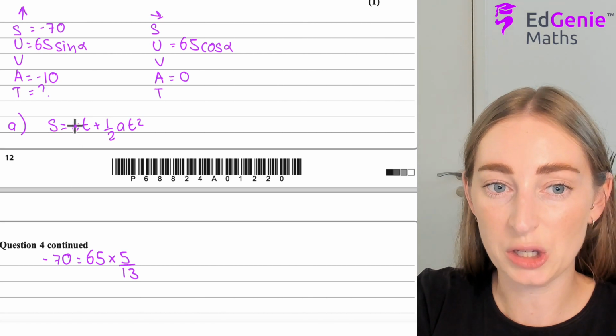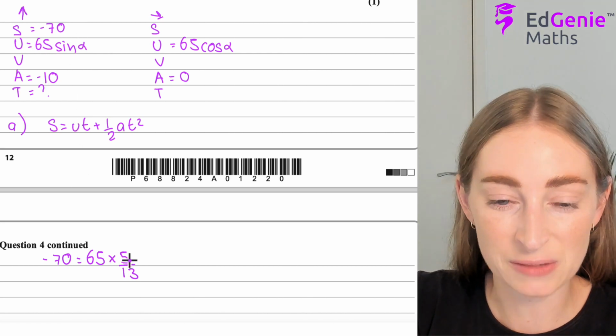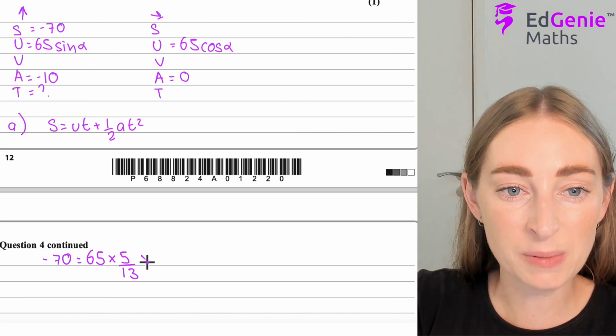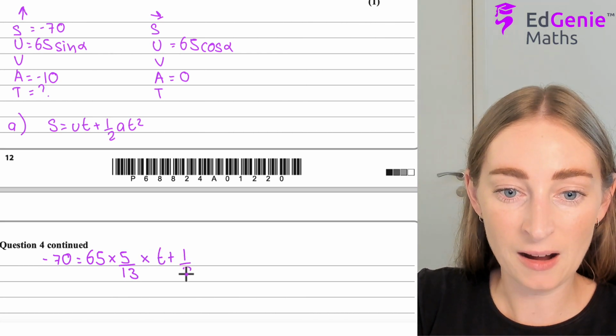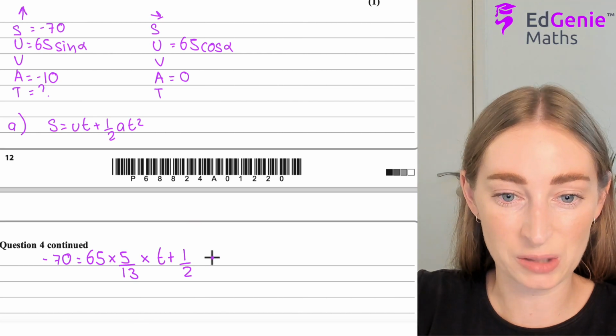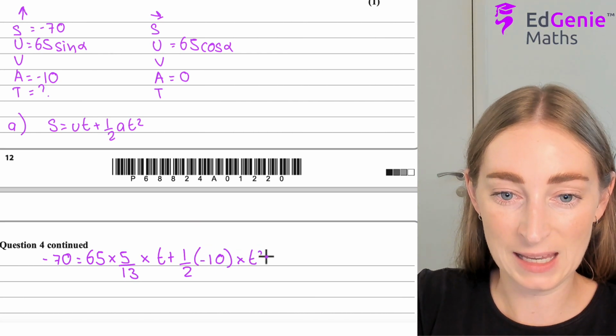Okay, so that was my u, 65 times sine of alpha, which is 5 over 13, multiplied by t, which is what we're trying to find, plus half times my acceleration, which is minus 10, times t squared.